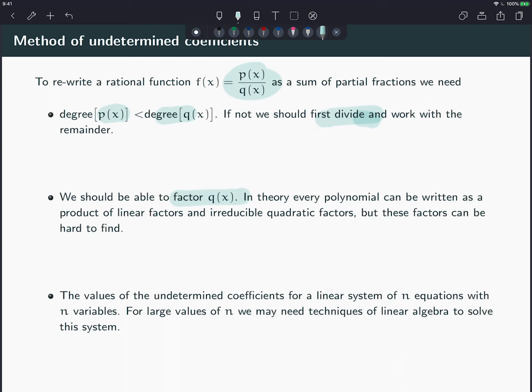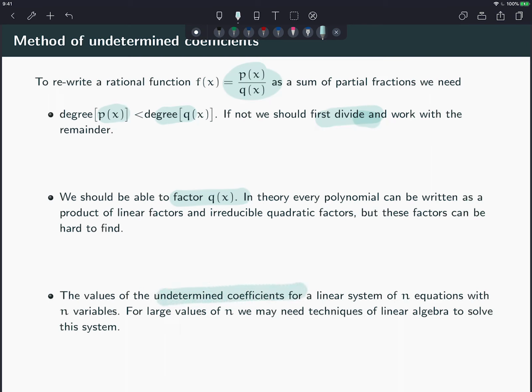If you cannot reduce a quadratic factor, it stays in the factorization because we don't want to introduce complex zeros. But in theory, we can always find either irreducible quadratic factors or linear factors, possibly with multiplicities.